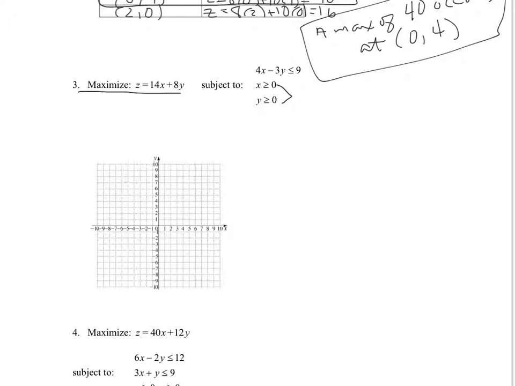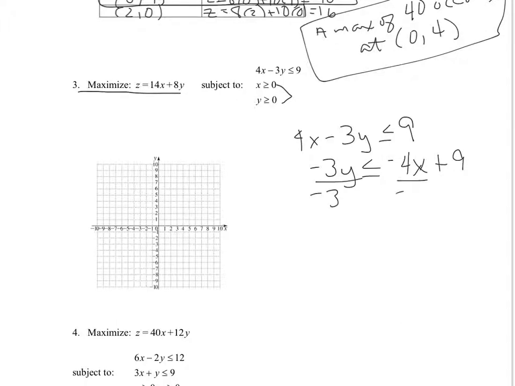If we take 4x minus 3y is less than or equal to 9, and let's try to put this into slope-intercept form. I'm going to have a negative 3y is less than or equal to, I'm going to subtract 4x from each side, so that gives me a negative 4x plus 9. And now I'm going to divide each side by a negative 3.